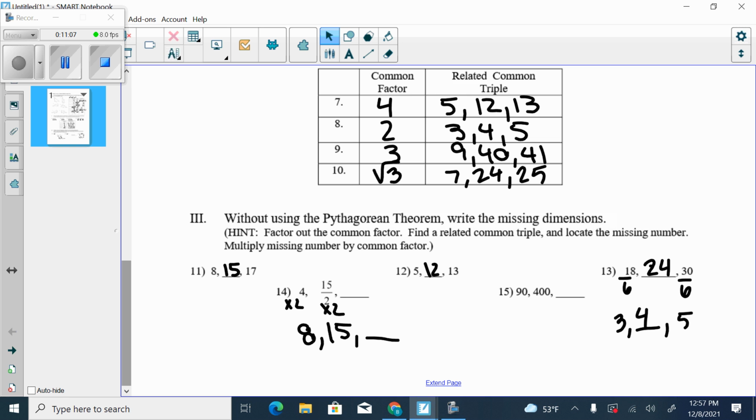And then we have a blank. Now, this is after we multiplied by 2, right? So if I wanted to put that in the blank before, we could either leave it as a decimal or put it as a fraction like they did with the 15 over 2, so this would just be 17.